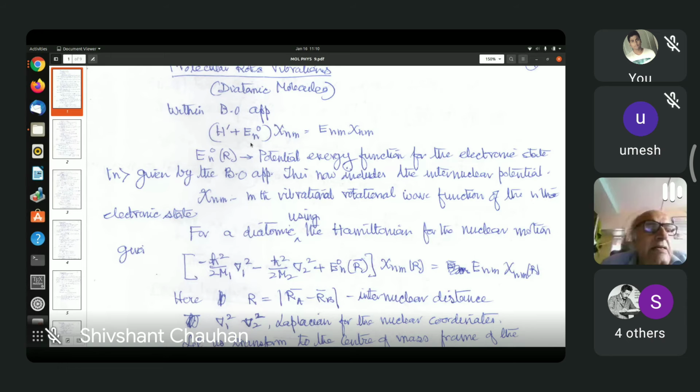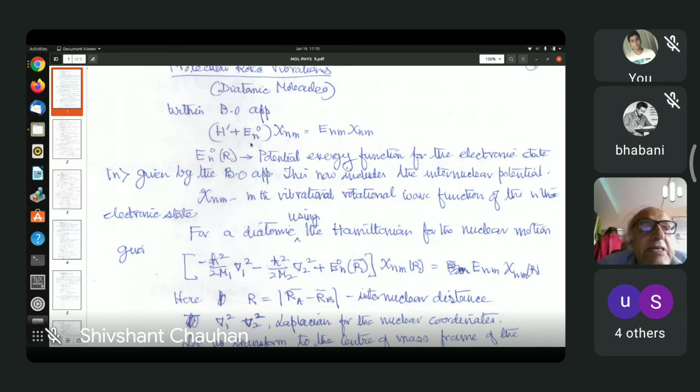Yes, it is perturbation, but what is contained in that perturbation, H prime? The terms you neglected in the Born-Oppenheimer approximation, what are these? Nuclear kinetic energy terms, right? Yes. And why M? Why do you need another quantum number?